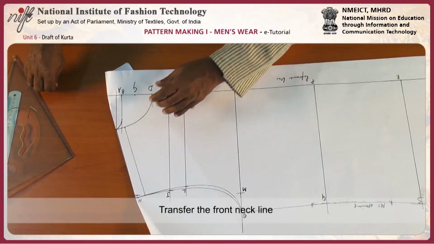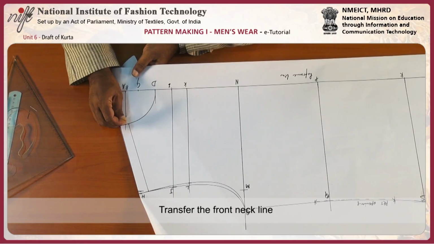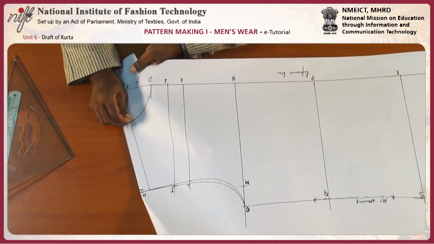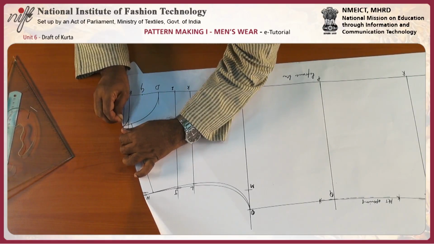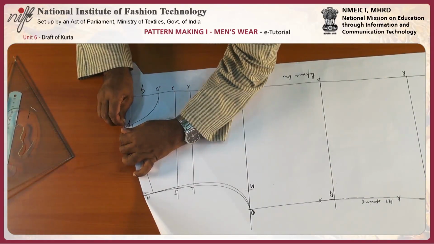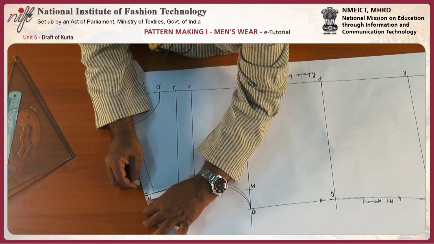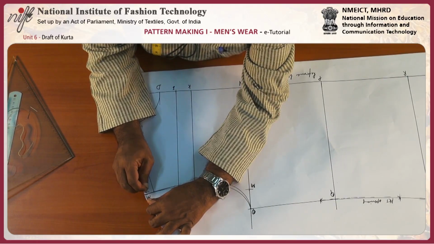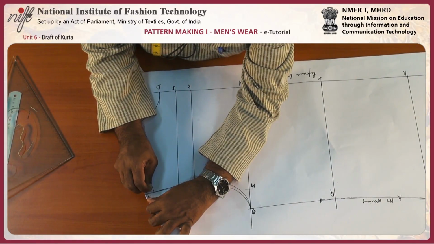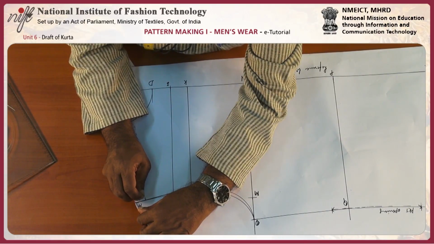Then transfer the front neckline by using the draping pin. You can transfer it. Transfer the front armhole. So of course till this to 1 inch, the front and back armhole is same.